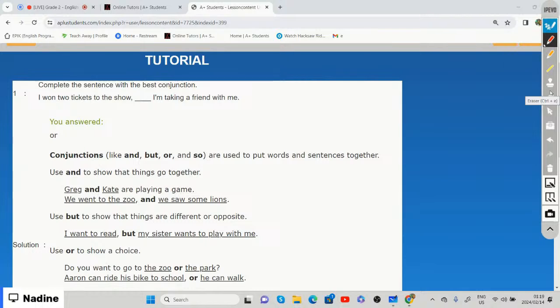So, I won 2 tickets to the show. Are we saying I won 2 tickets to the show and I'm taking a friend with me? Or are we saying but I'm taking a friend with me? Or are we saying or taking a friend with me? Or are we saying so I'm taking a friend with me?